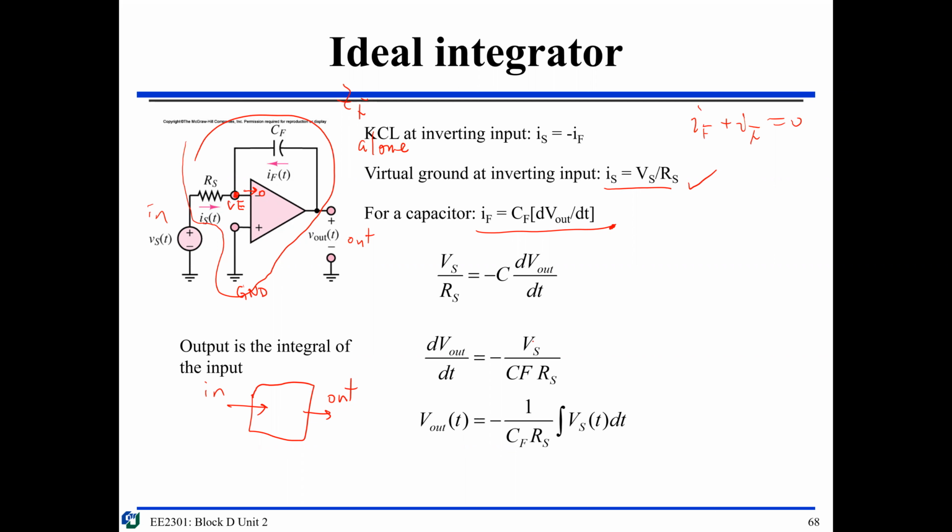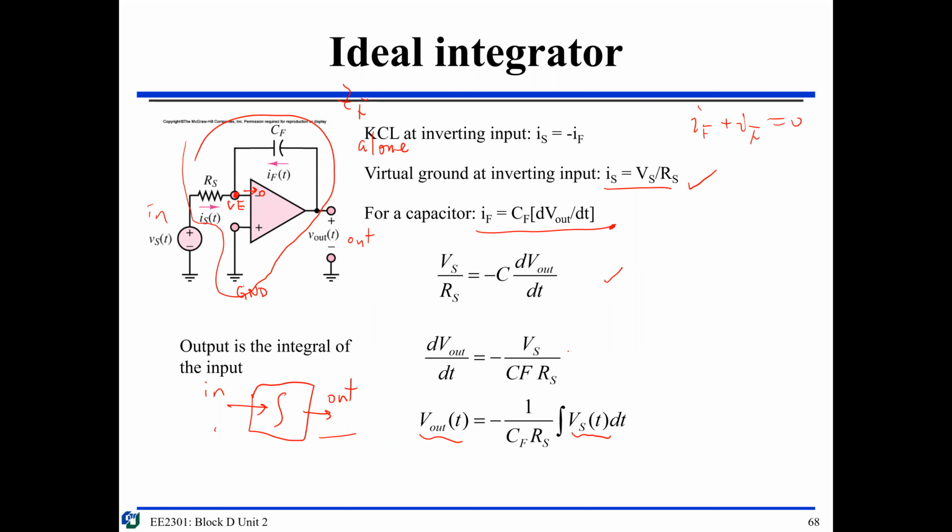So out is written in terms of in. In this case, I have an integration operation of the input signal. Basically, my output is the integration of my input according to this derivation.